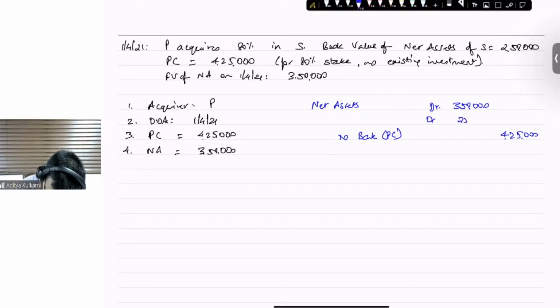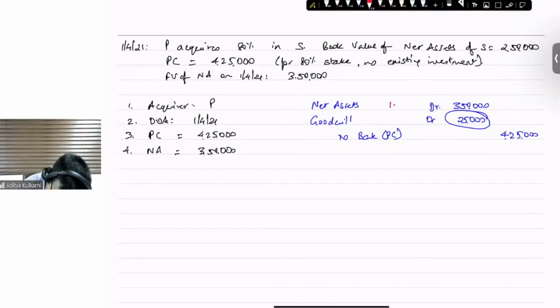So the difference of 75,000 goes to Goodwill. Is this entry correct or is this wrong? Come on, now you tell me. You cannot pass this entry.